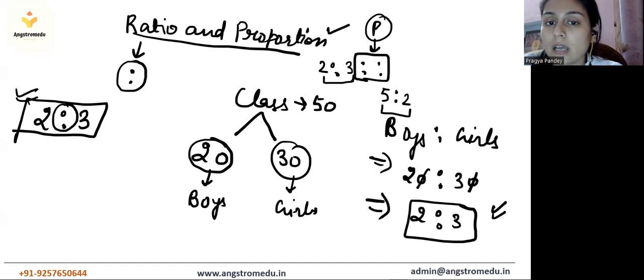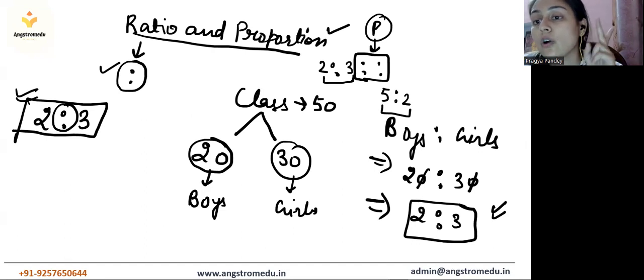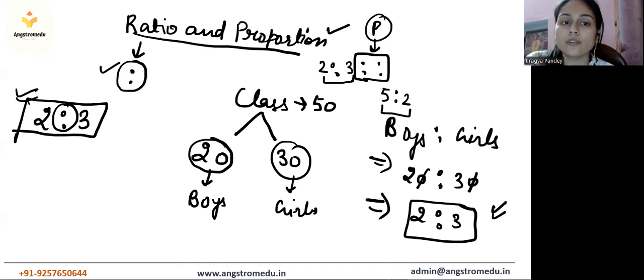Proportion is the comparison of four quantities, in which the ratio of the first and second quantity is equal to the ratio of the third and fourth quantity. The symbol for proportion is four dots, which is inside this box.